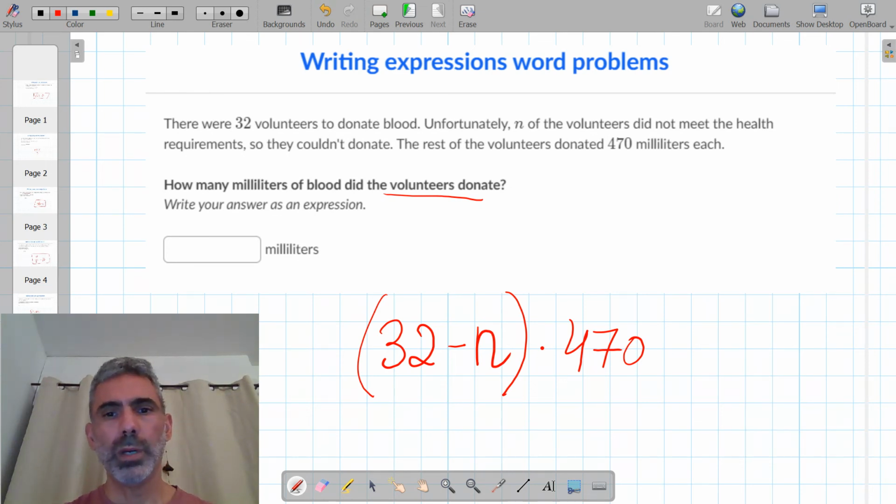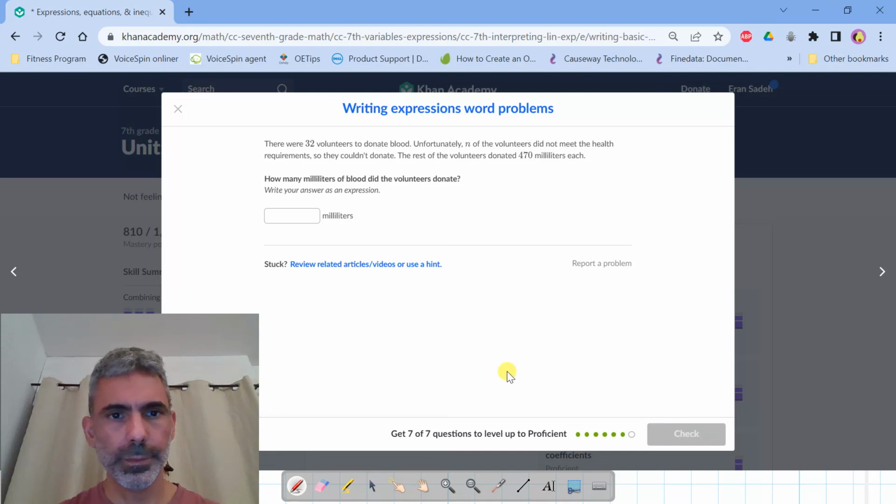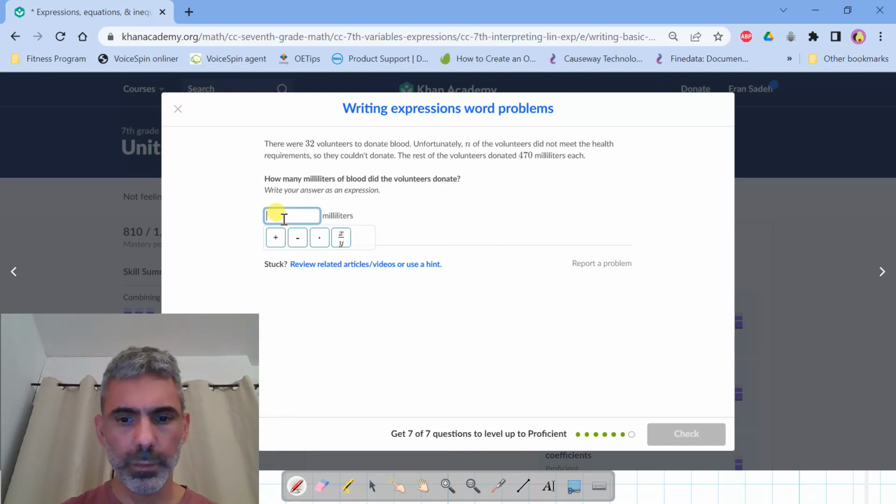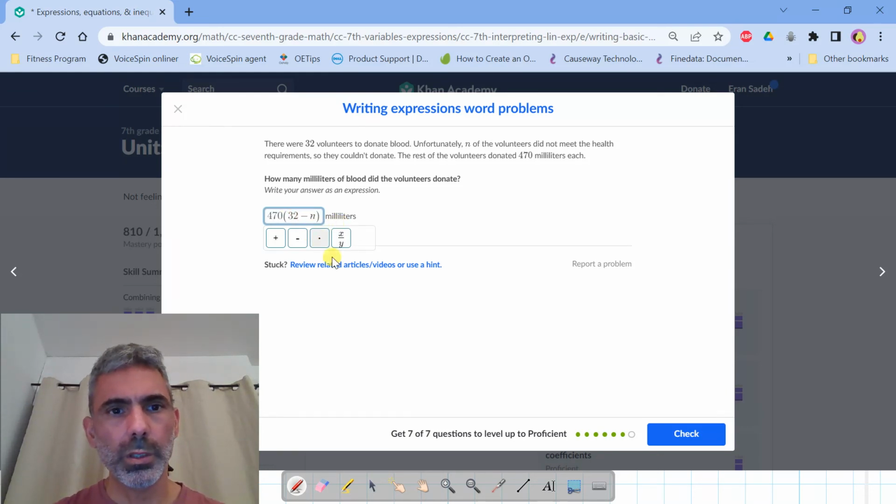So 32 minus N within parentheses times 470. You can also write this 470 times 32 minus N.